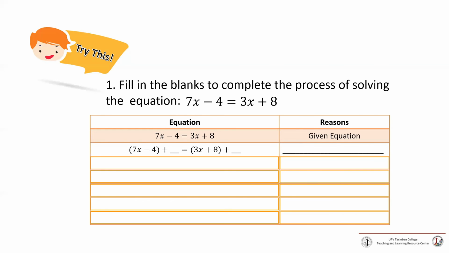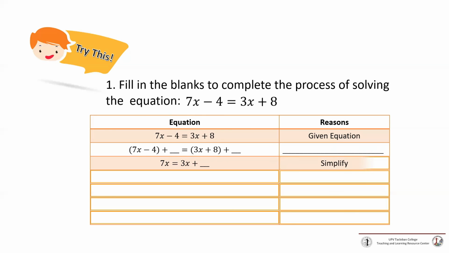Okay, so you put your reason in the second column, and on the third row after the equation row, we have 7x is equal to 3x plus blank. So what was the process that was being done on the previous row that results in 7x on the left side and 3x plus blank on the right side?